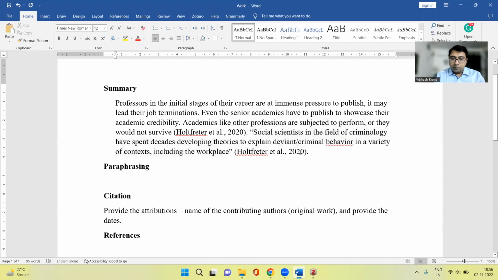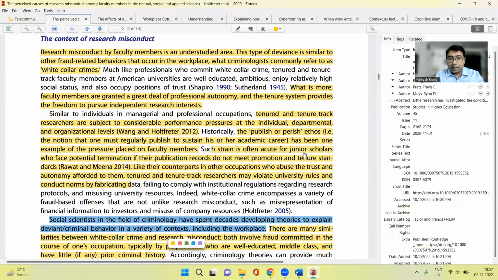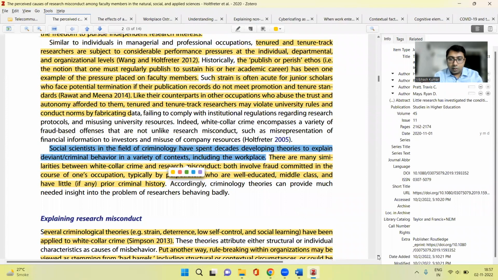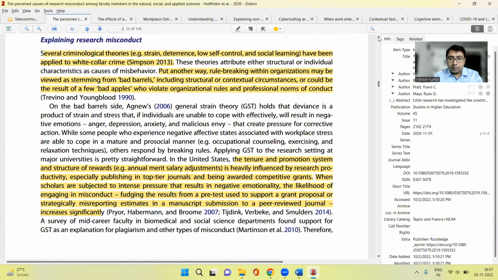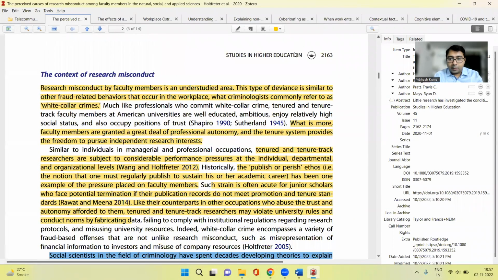Now I have to be very careful when I take an exact quotation. So I have to also provide the page number from where I have taken it from the original source. So I'll go back again and check for the page number where it is. This part was provided, I didn't get it down. So I'll get it somewhere here. Yeah, it's page number 2163.